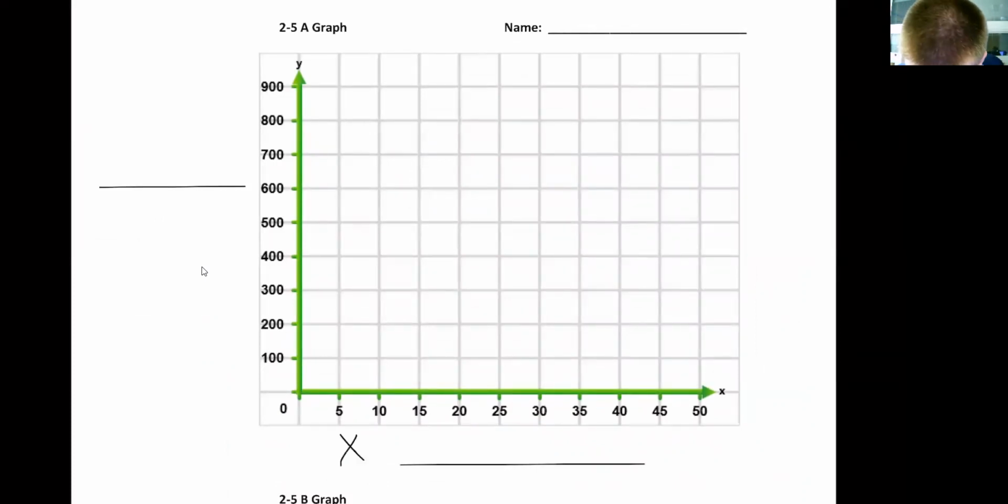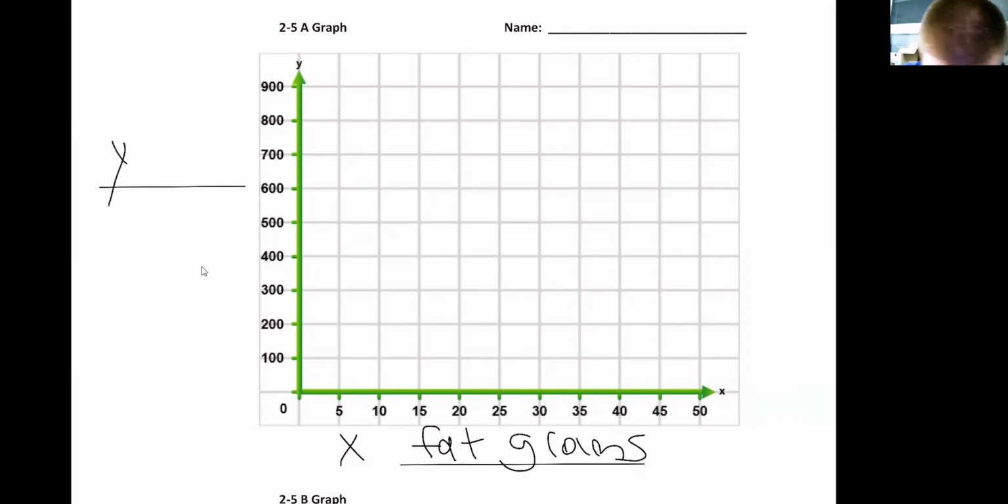From that table, that was our number of fat grams. And then your y value goes along the side. Our y value was the number of calories. I've already got the numbers labeled for you. Sometimes you might have to come up with that on your own. It's usually not too bad to come up with something that fits in your graph. But we just want to plot our points.